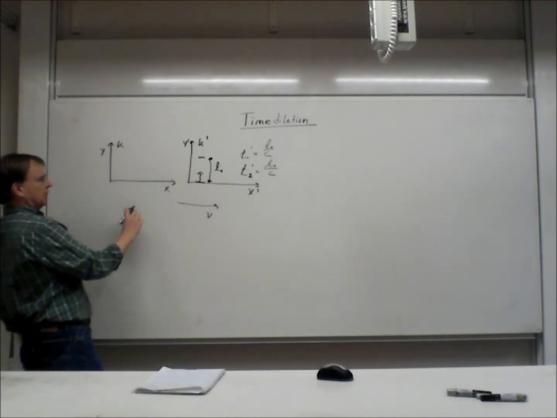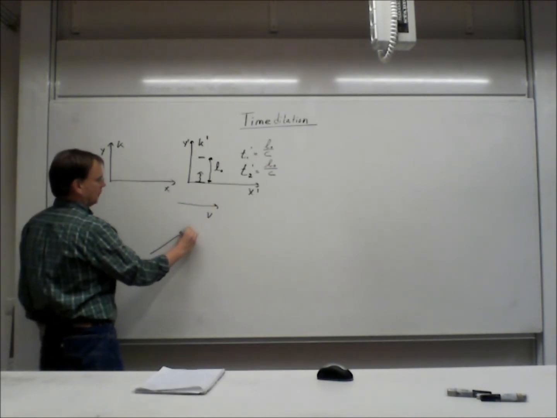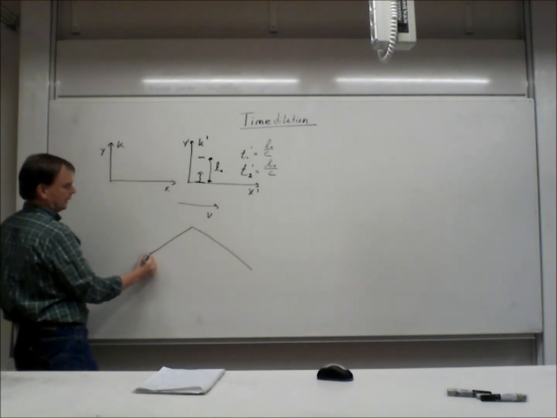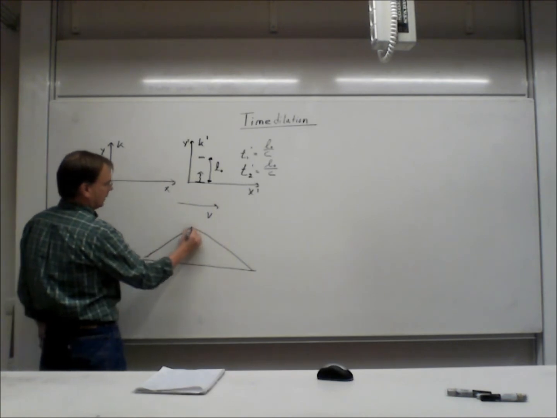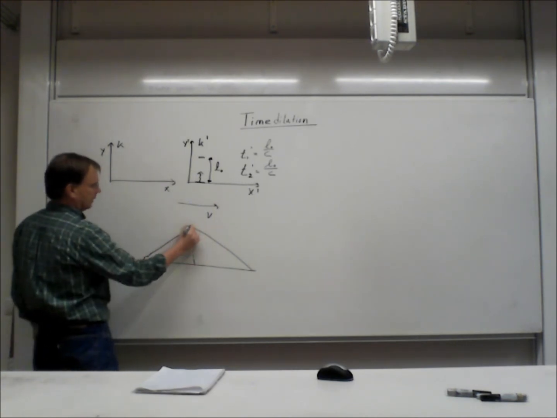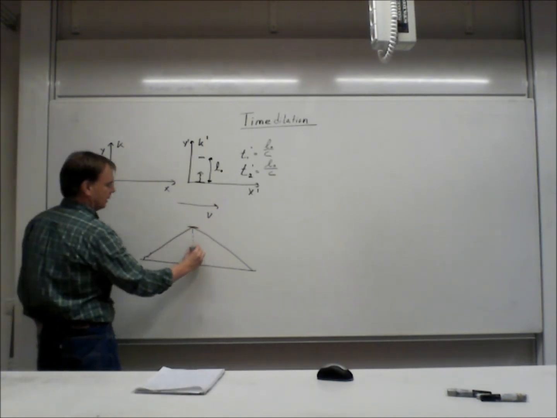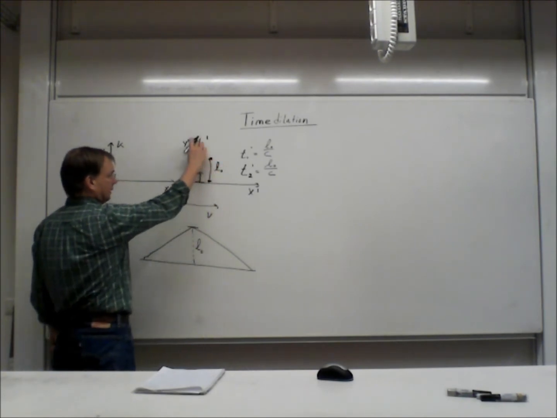We have the same speed of light, but the path will look different in this system because the clock is moving. It can be shown that this distance from the emitter to the reflector, as seen in this system, will be the same as the length seen in this system.